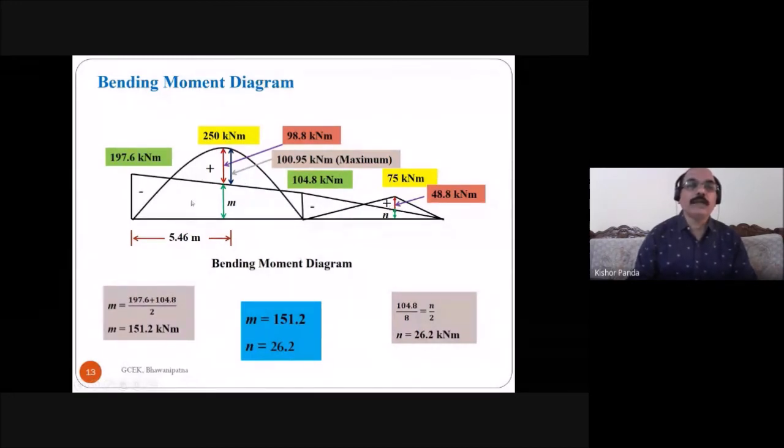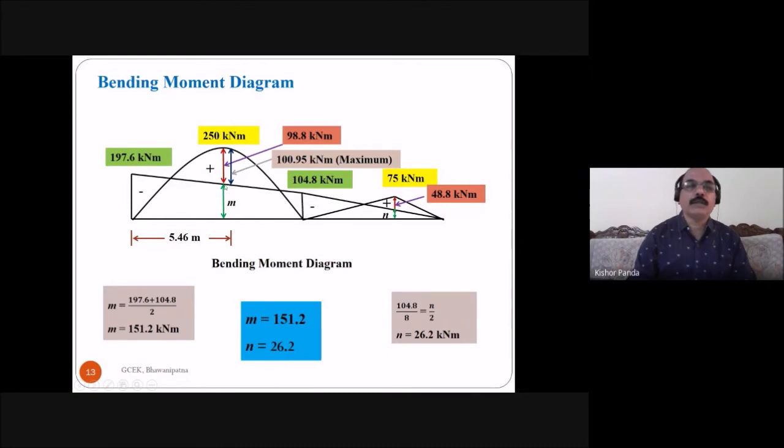Then you have to find out the positive moment at the midpoint here, because this is the UDL and this is the parabola. You know this end is 197.6 and this is 104.8.